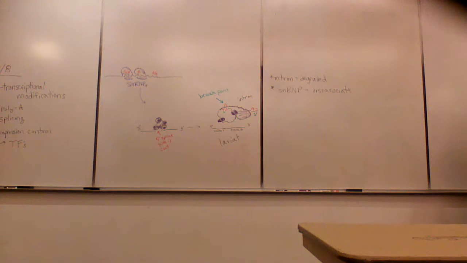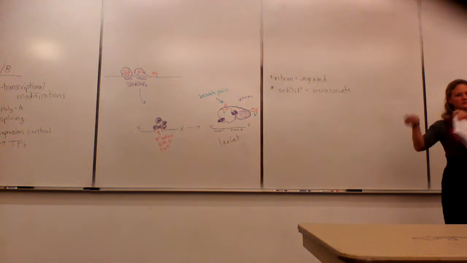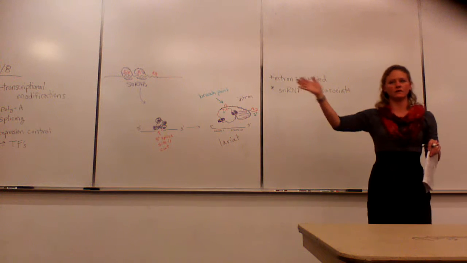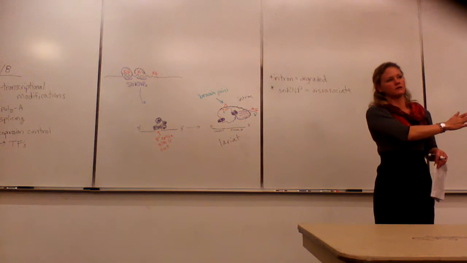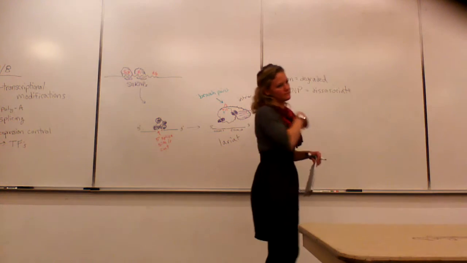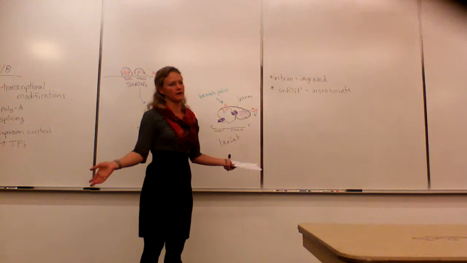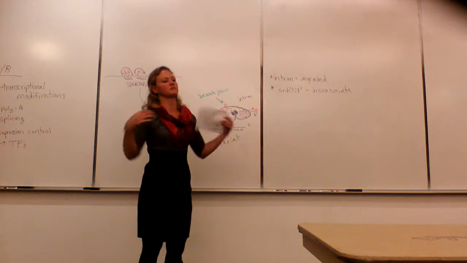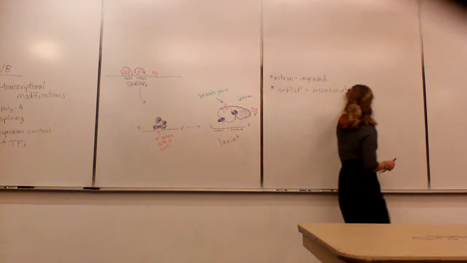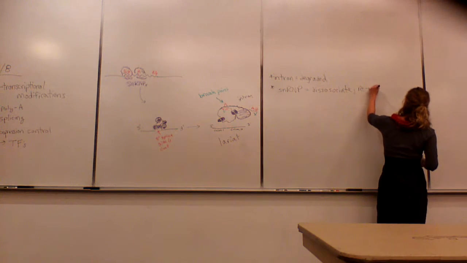Because if we have a gene with multiple exons and introns, we need to keep doing this process over and over, making these little loops and cutting them out along the whole length of the transcript. They're not degraded; they disassociate from that lariat intron loop so that they can be reused.